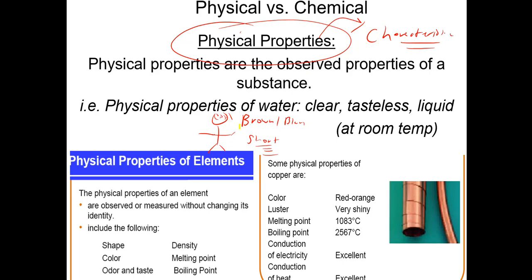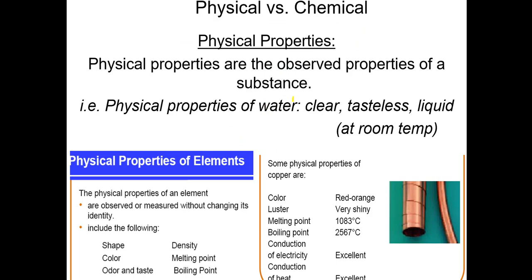Another characteristic of me is that I have big muscles in my dreams. These are all characteristics of me. A characteristic of water is that it's clear, that it's tasteless, that it's a liquid. So any characteristics, those are physical properties. So melting point, boiling point, those are all physical properties. Anything that involves physical changes are also considered physical properties.